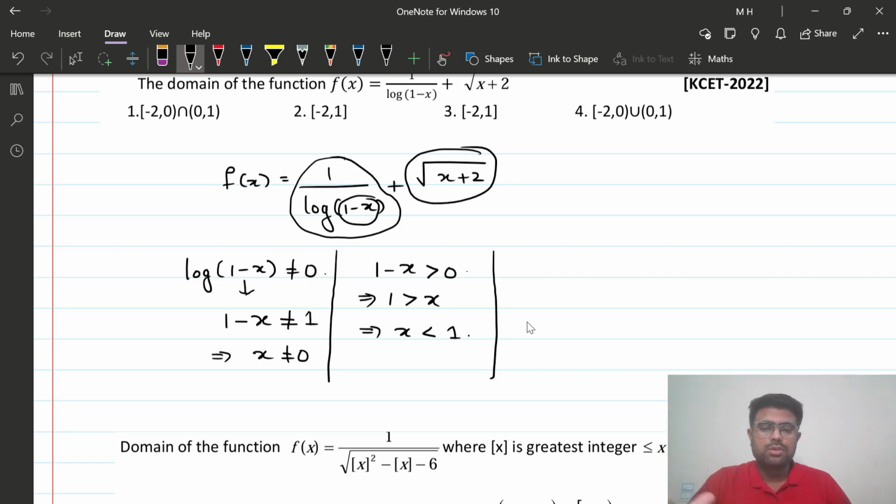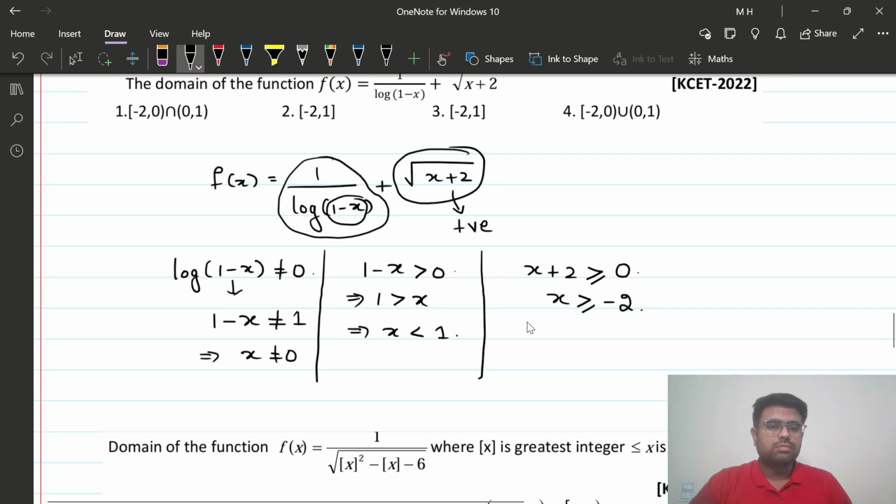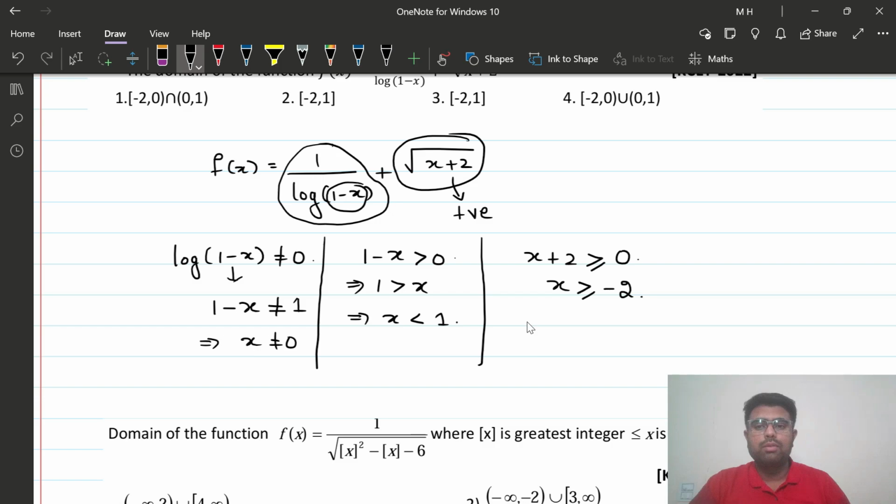The x in the numerator is no issue even if it becomes 0, but x plus 2 within the square root has to be greater than or equal to 0. Therefore x has to be greater than or equal to minus 2.